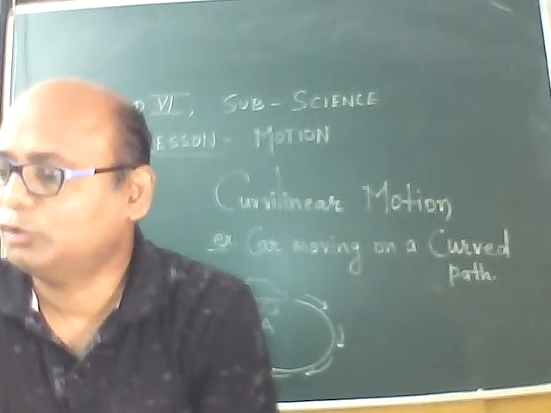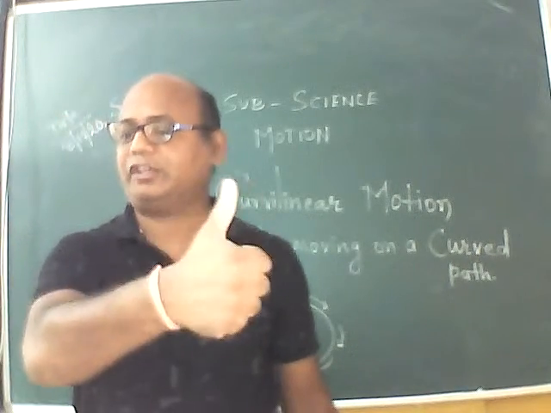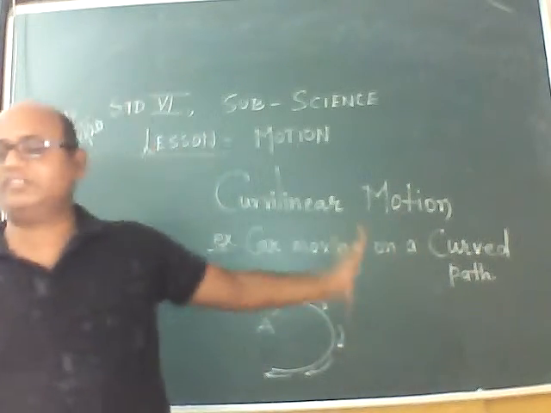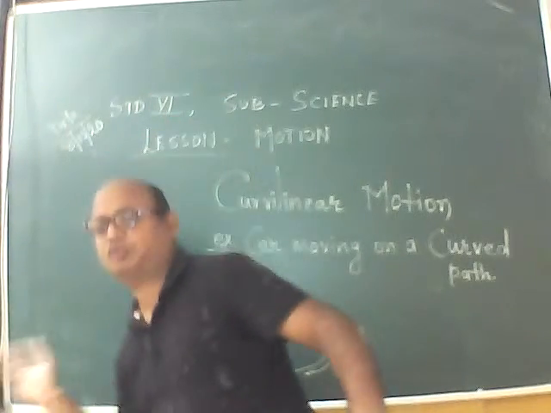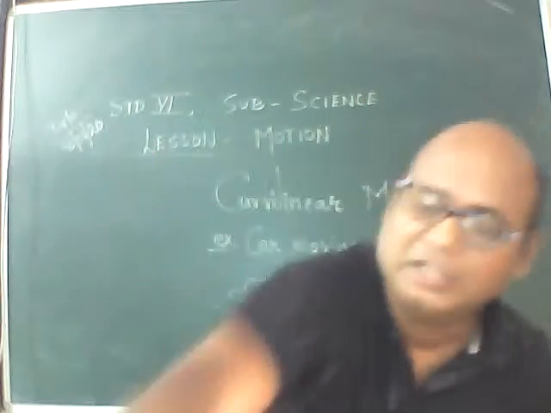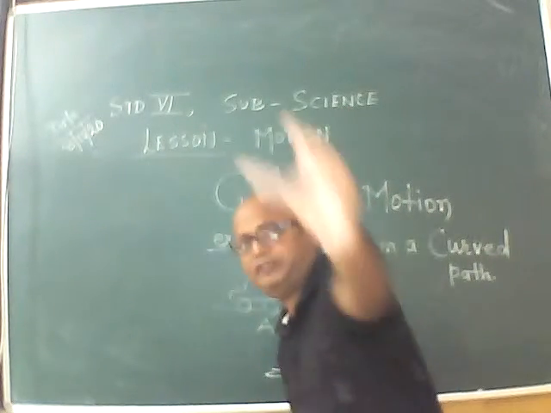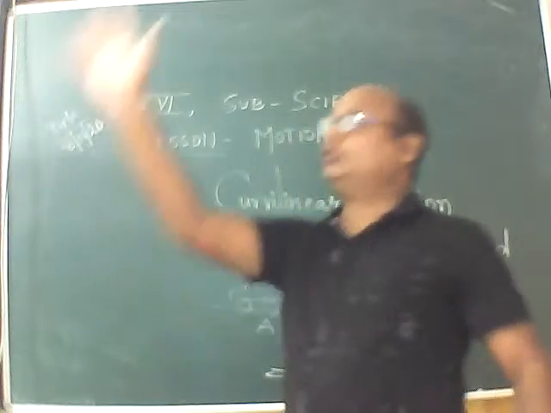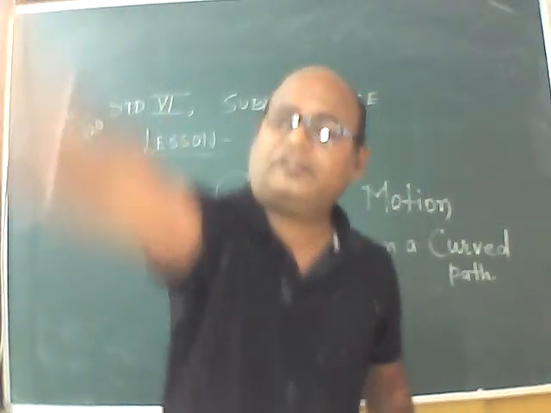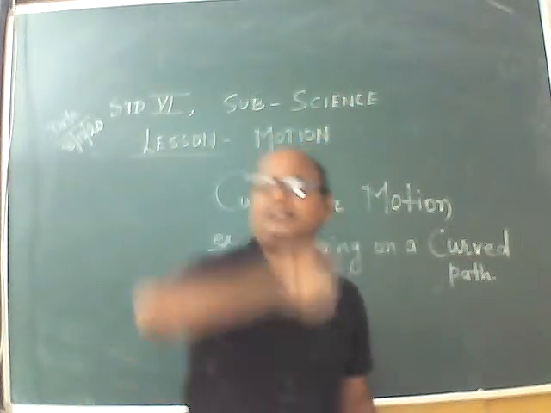Then throwing a ball. Janvi gave another example. If you throw the ball, it will go like this, isn't it? If you throw like this, then you will find the ball is covering a curved path. So it's a very good example.